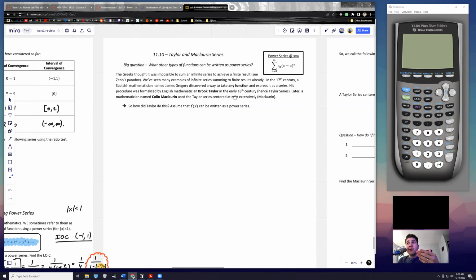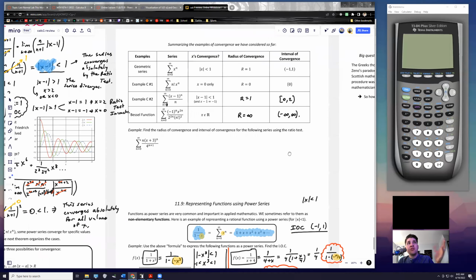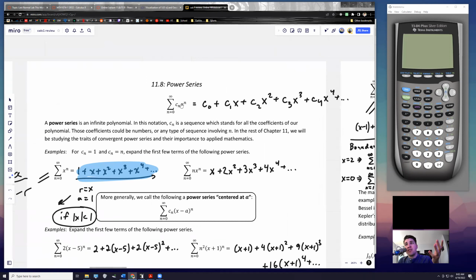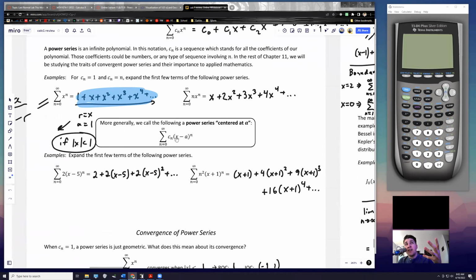A lot of what we're going to do in our class is figuring out Maclaurin series, and you'll see why Maclaurin series are more useful than Taylor series as we go. But essentially, the only difference is Taylor series are centered at anything. Just to do a quick recap, remember a power series is centered at 0 if it's just x to the n, if there is no minus a. But if it's centered at another value, say x is centered at 5, that's basically the only difference between them.